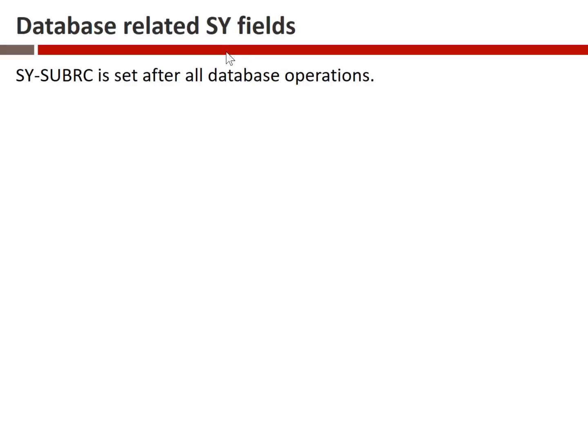SY-SUBRC will be set to 0 if what we just attempted to do was able to be done successfully. So if we ran an update and we wanted to know if the update was successful, we could check SY-SUBRC, and if it's set to 0, thumbs up, we know that was good.